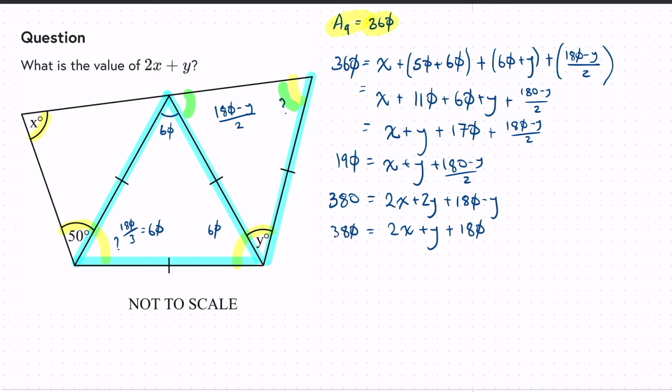I'm going to minus 180 from both sides. And that gives me 2x plus y, which, even though I didn't know how I was going to get there, actually gives me this equation here. What's it equal to? It's equal to 200.